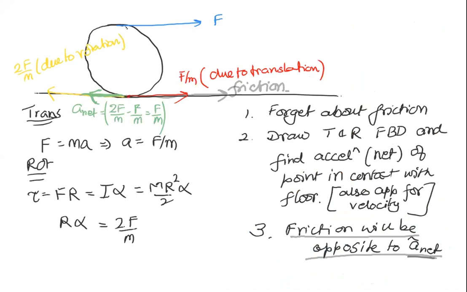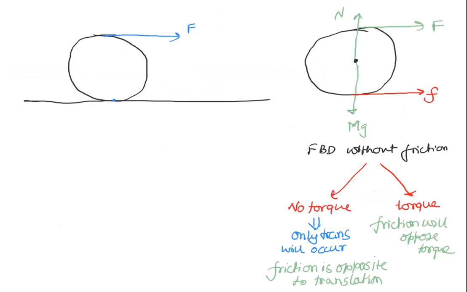The limitation is that as long as the acceleration due to rotation is greater than the acceleration due to translation of the lowermost point, as long as that happens, we can safely say that friction will oppose torque. Okay? Friction will oppose torque. But the moment this does not happen, then this shortcut breaks down, it will not work.